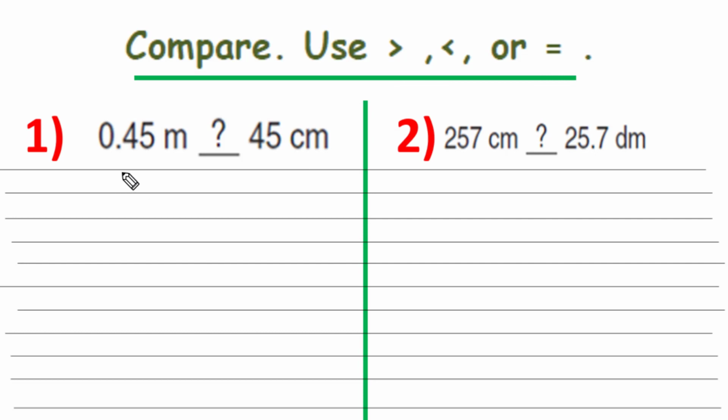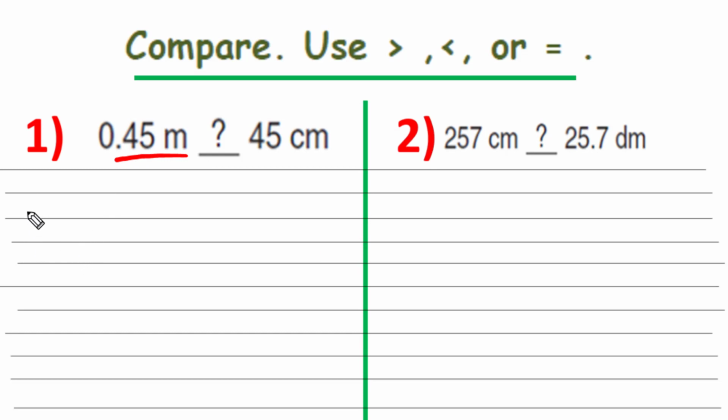Number 1, 0.45 meter and 45 centimeter. To compare between two sides, you have to rename the measure from the large unit to the small unit, or rename to the same unit. I will rename from meter to centimeter.